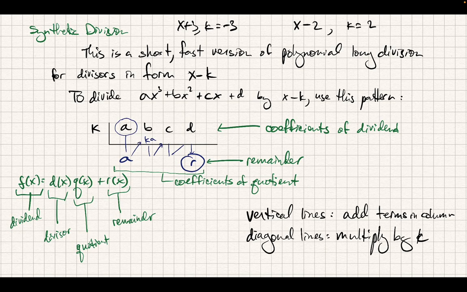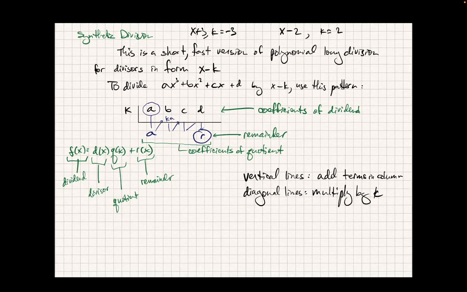And in my vertical lines, I add the column, multiply by k, add here, get that result, multiply it by k, and then add this last column that gives me a remainder. So let's do some examples.